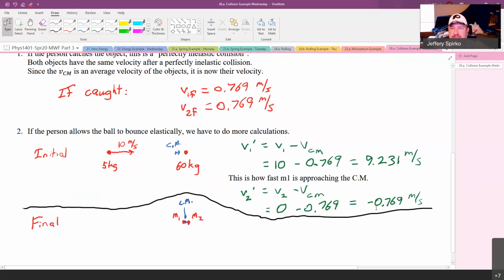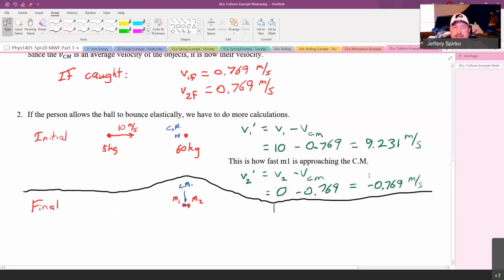And that's why this is negative, because from the perspective of the center of mass, M2 has moved backwards a little bit towards the center of mass. So either way, we calculate a primed velocity relative to the center of mass by taking the original velocity and subtracting the center of mass velocity.